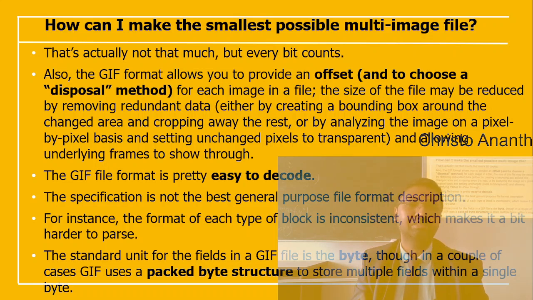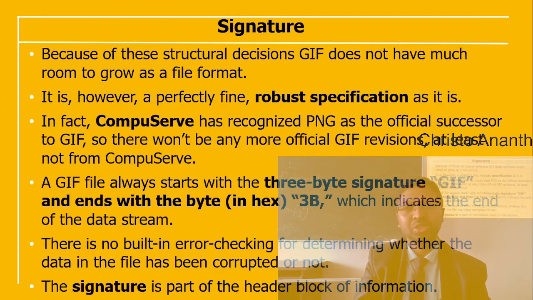Though in several cases GIF uses a packed data structure, which is a byte structure used to store multiple fields within a single byte. Because of these structural decisions, GIF does not have much room to grow as a file format.